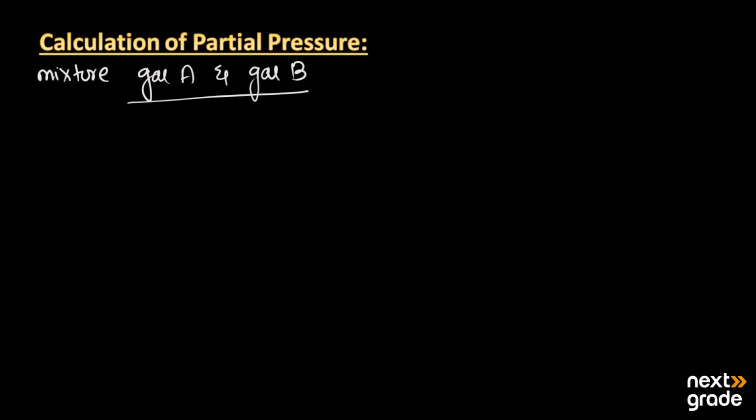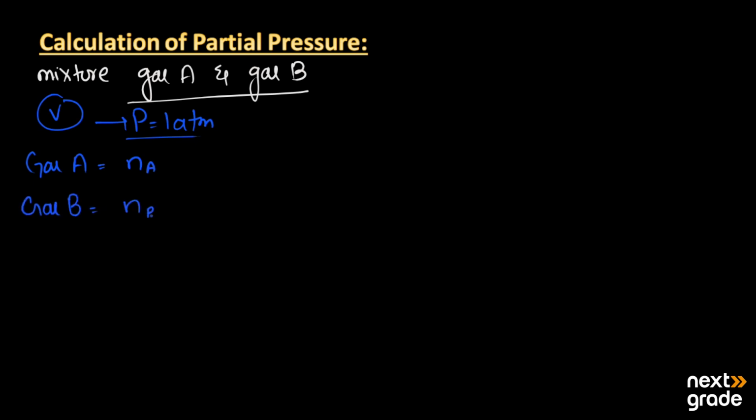The mixture is enclosed in a container having the volume V, and the total pressure there is 1 atm. Then the number of moles of gas A is Na, and the number of moles of gas B is Nb.